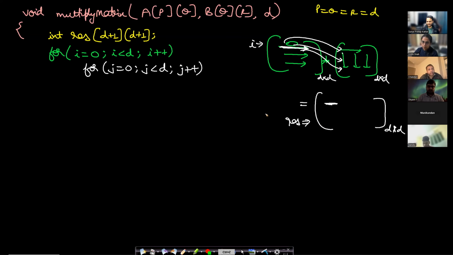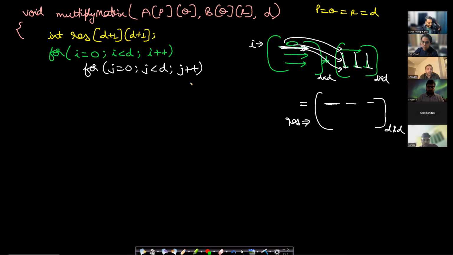I think so. You might be getting confused, like how are we filling the values? But for this row and this column, I'll fill the first value. The second column, I'll fill this value. Third column, I'll fill this value. So for the ith row, I am filling the ith row of the result. So result at I should correspond to the correct row that I'm trying to fill.